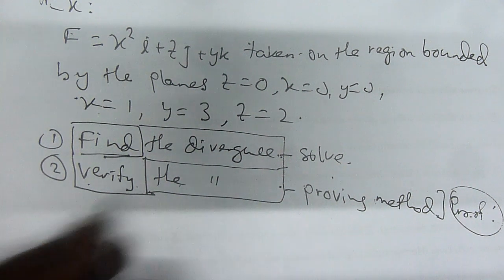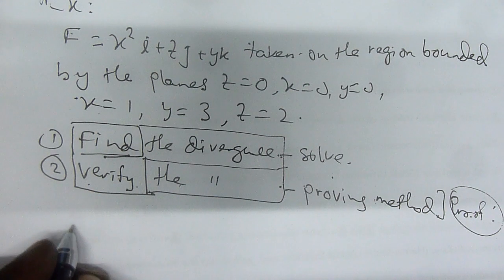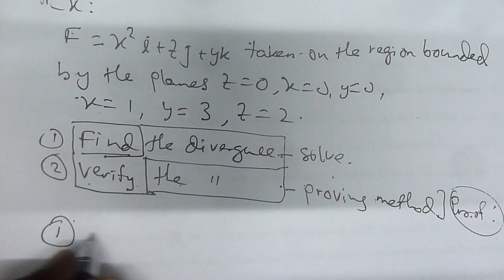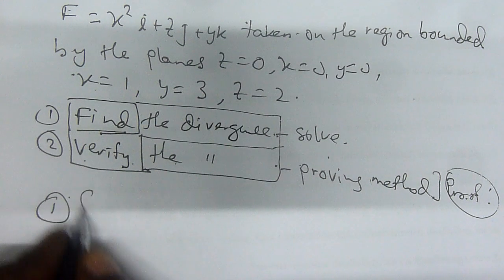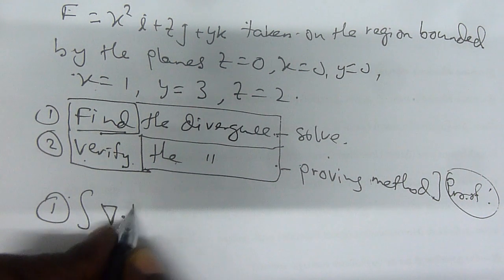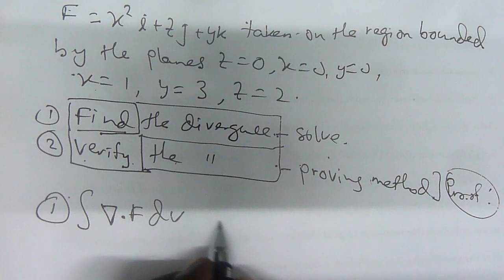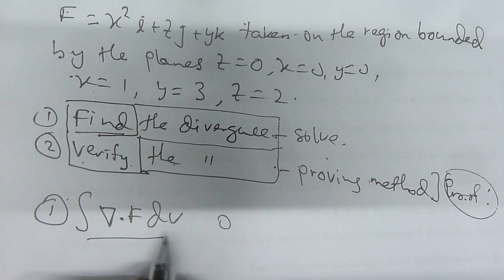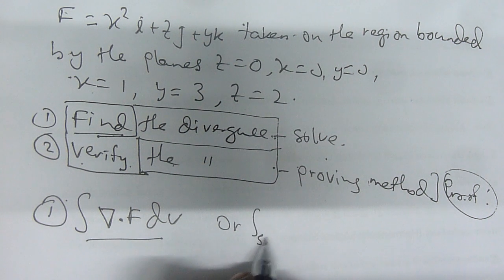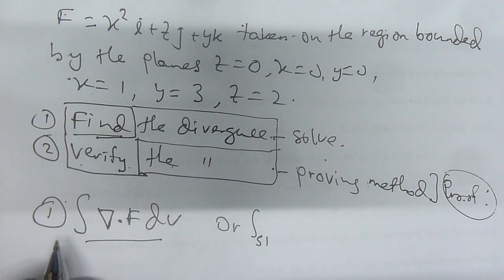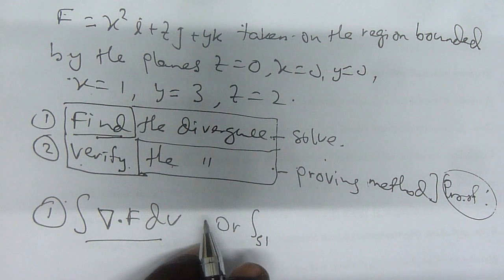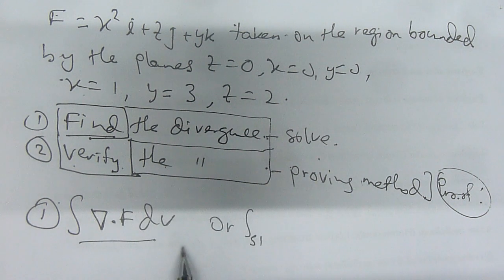In the first case, you can go for the triple integral of del dot F dV, or you can go for the sum of all the surfaces, S1 and so on. Sorry, I didn't sketch the problem yet, but I already started working on this.